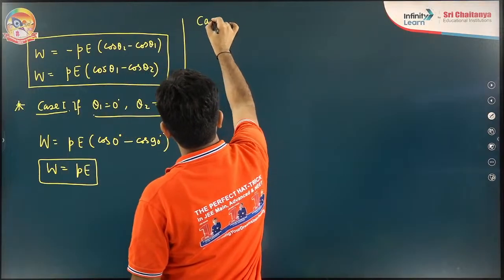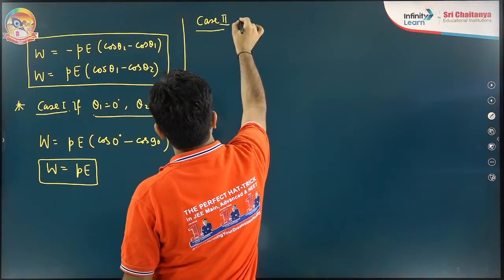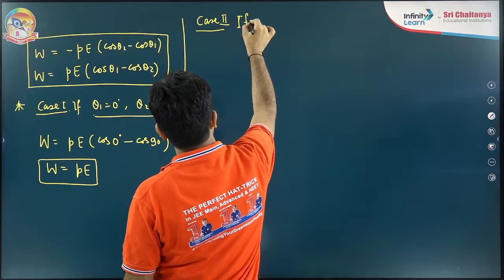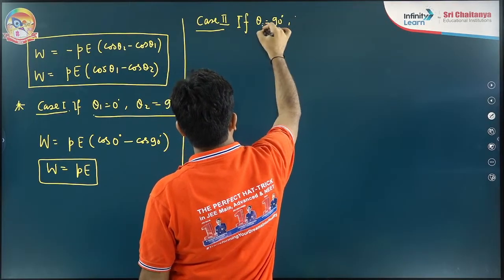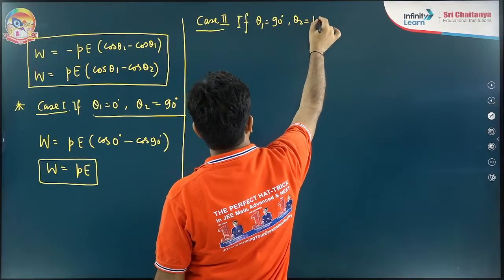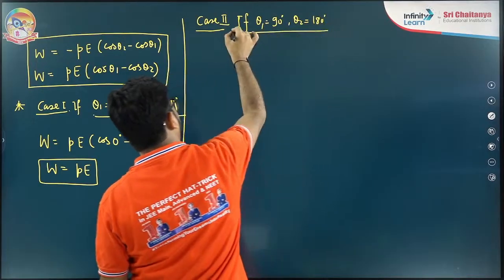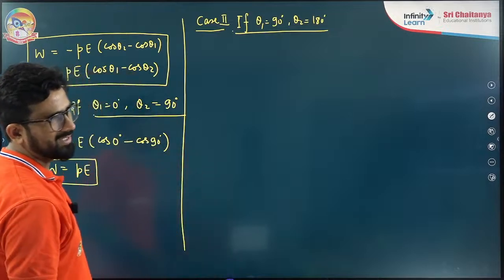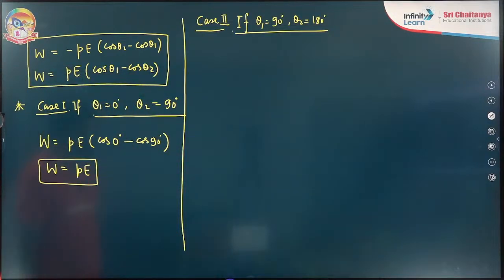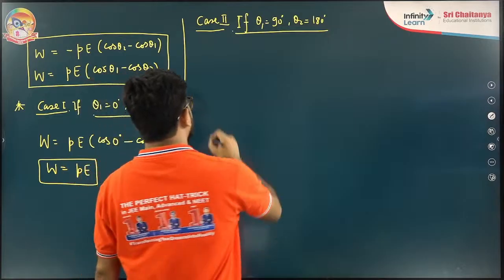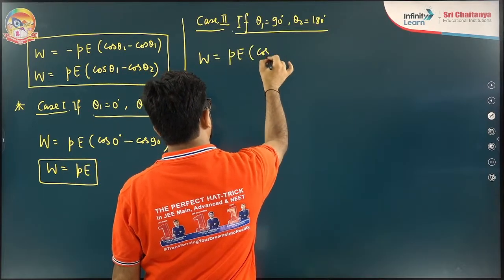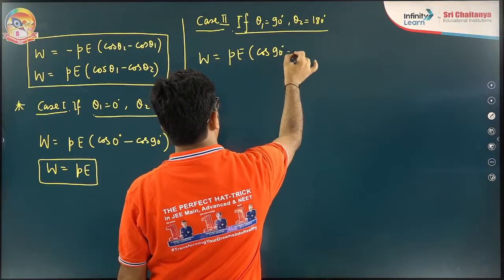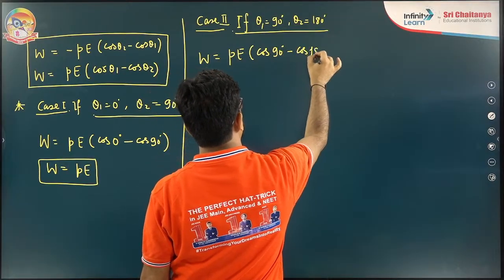Case 2 I am taking to you. If theta 1 is equal to 90 degree and theta 2 is equal to 180 degree, that means from 90 degree to 180 degree if you want to rotate, what is the work done? Work done is equal to pE into cos 90 minus cos 180 degree.